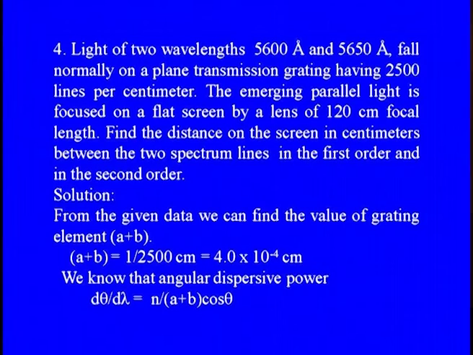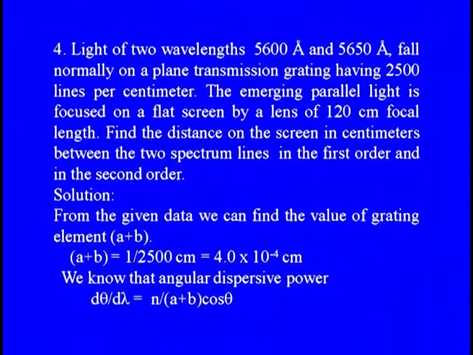Find the distance on the screen in centimeters between the two spectrum lines in the first order and in the second order. In this problem, first we have to find out the grating element A + B, which will be equal to 1 upon 2500 centimeter, which will be equal to 4.0 × 10 to the power minus 4 centimeter.